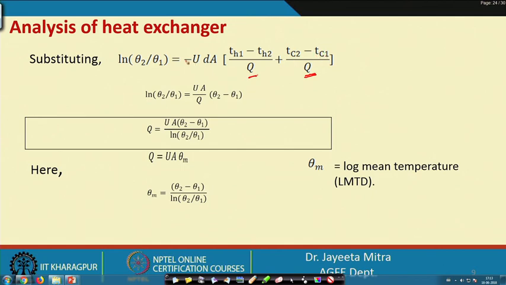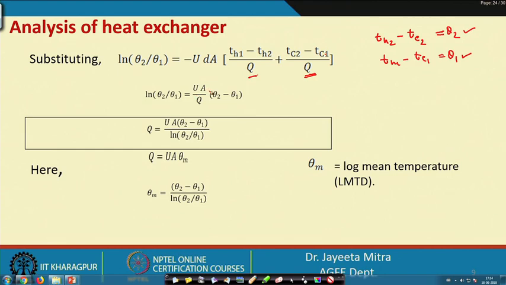If I take this minus inside, I can write (Th2 minus Tc2) minus (Th1 minus Tc1). Here, Th2 minus Tc2 is equal to theta 2, and Th1 minus Tc1 is equal to theta 1, the temperature difference of both fluid streams in the inlet and exit sections.